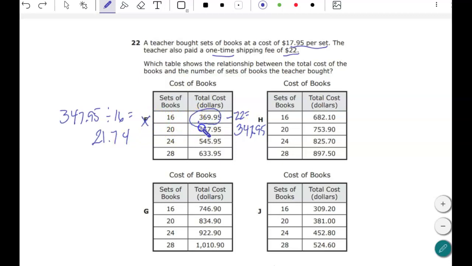But look at the number here. This is even higher. So is this one. Let's check this one next. So we're going to do the 309.20 minus the $22 to see what we get. Minus 22 comes out to 287.20.